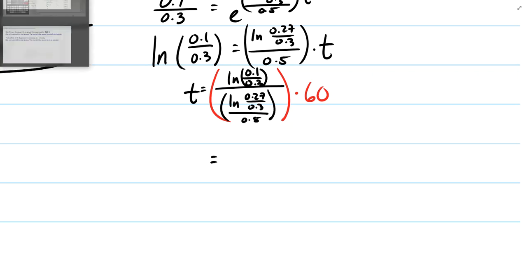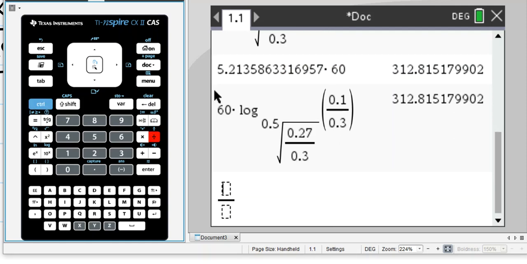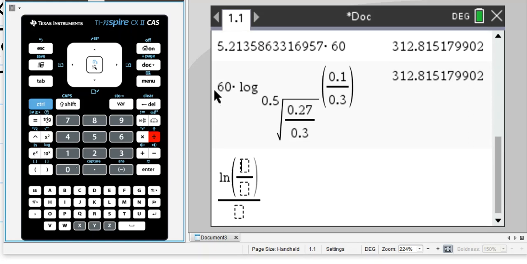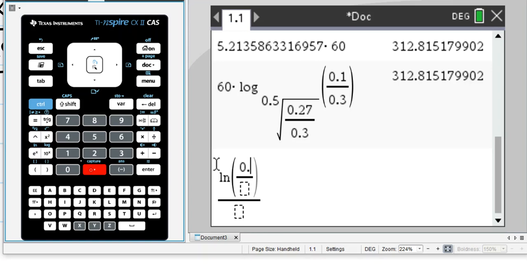So let's see what we get. In this calculator, we need a giant fraction, so I'm going to start with that first. And in the numerator of that fraction, we need the natural log of 0.1, whoops, try this again, 0.1 divided by 0.3 over top of the natural log.